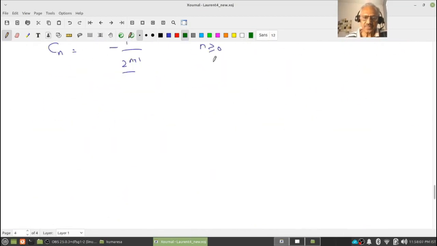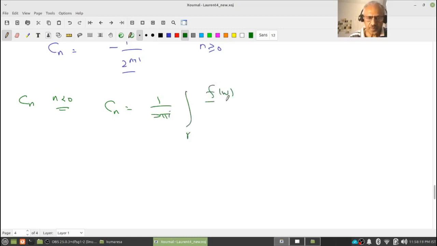Now the next thing is we want to find out Cn if n is negative. So again, what is the integral? Cn equal to 1 by 2 pi I integral over gamma of f of w by w power n plus 1. Let me just put the 2 pi I here so that I don't have to keep worrying.